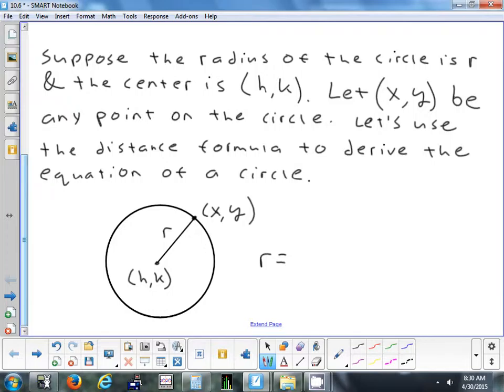Anybody remember how you use the distance formula to find the length of a segment? Remember? Anyone remember anything about that, the distance formula at all?